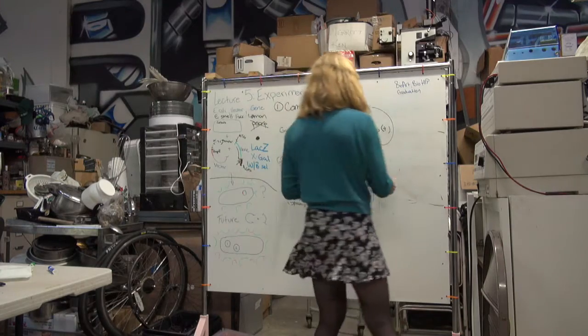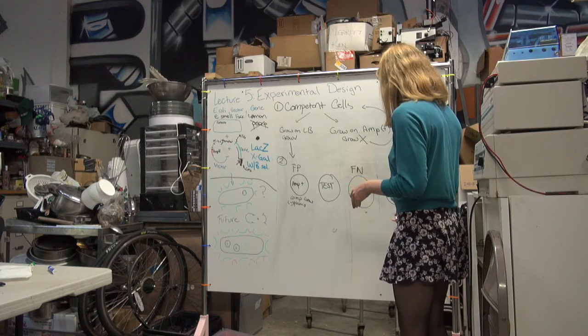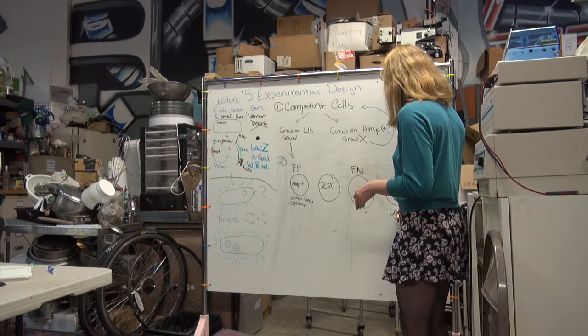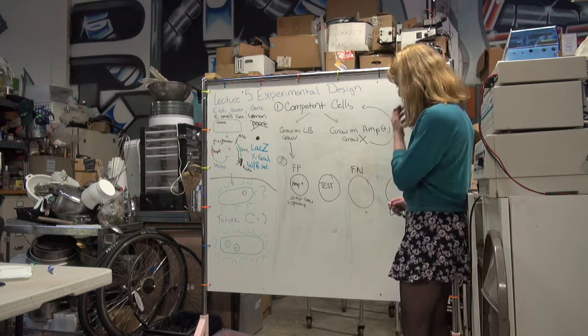And then there's also another, just a positive control. And this is just your competent cells on LB, nothing else.